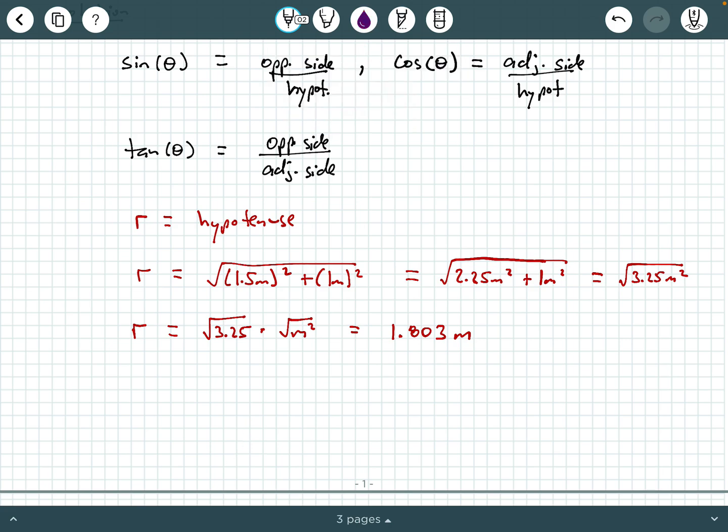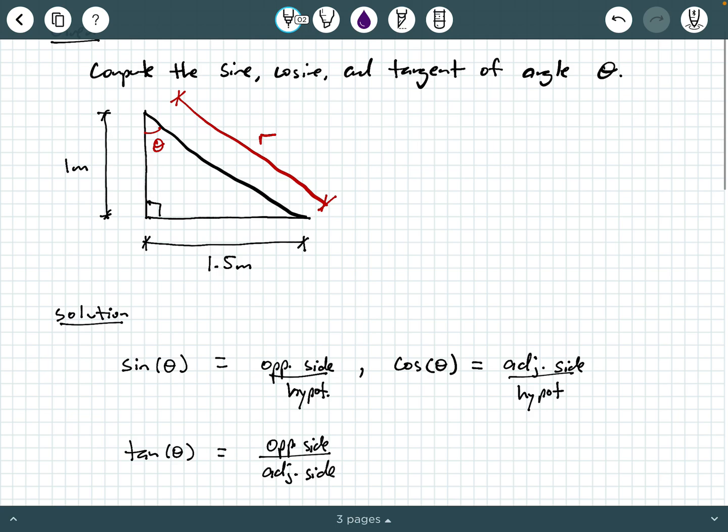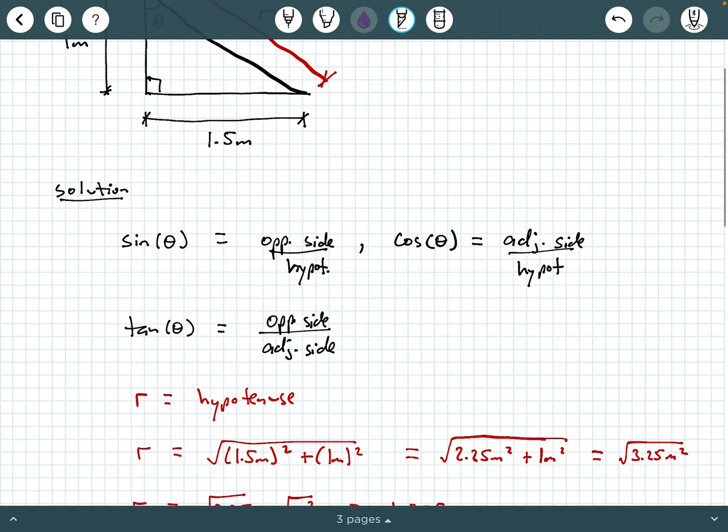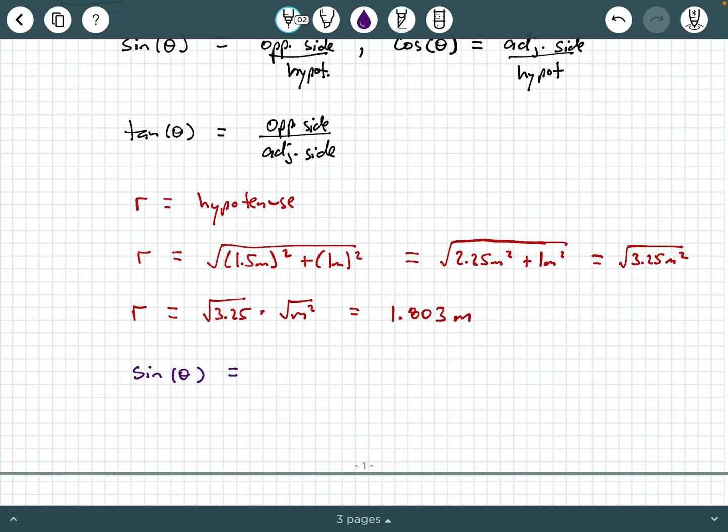So we can say the sine of theta is equal to what? Well, what is the side that is opposite of angle theta? That's 1.5 meters. So we're going to say sine of theta is equal to 1.5 meters divided by the hypotenuse length, which was 1.803 meters. And if we perform that calculation, we get 0.832.